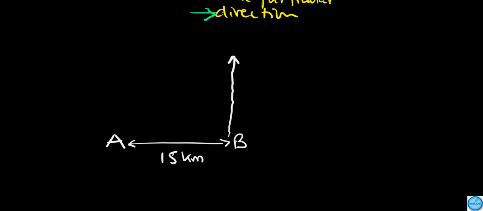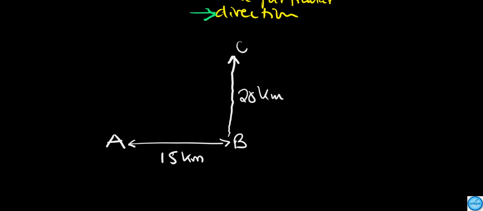A cyclist rides from point A to point B, and the distance covered, let's assume, is 15 kilometers. At point B he changes direction and goes towards north to point C, and the distance covered we can assume is 20 kilometers.